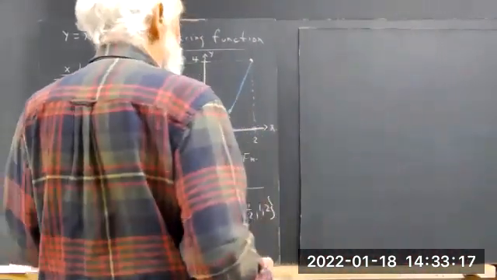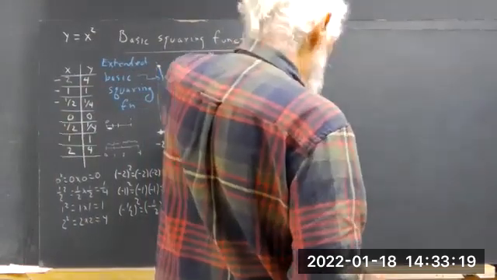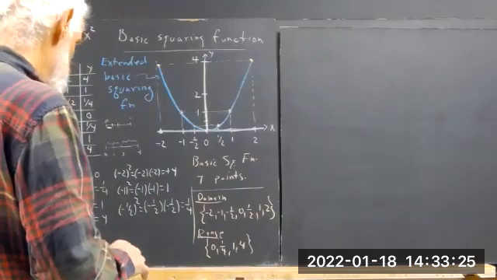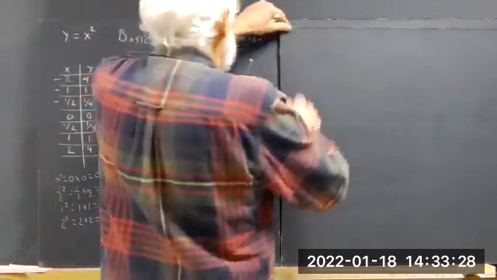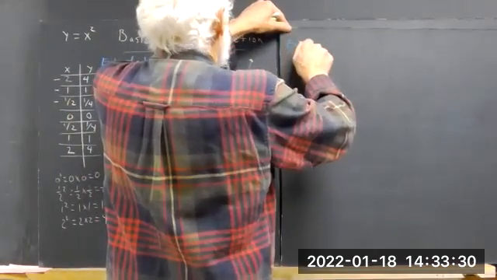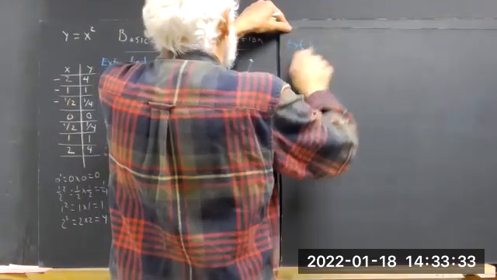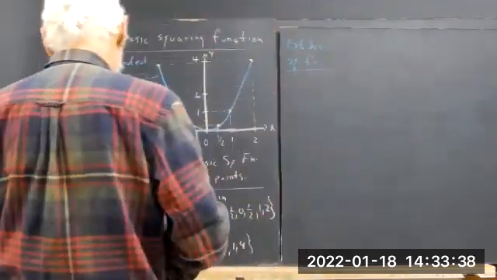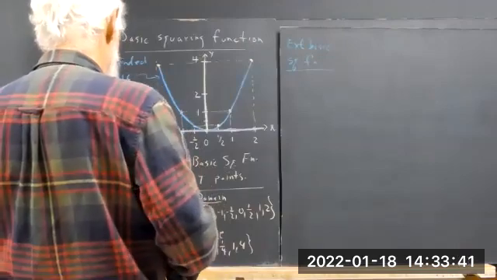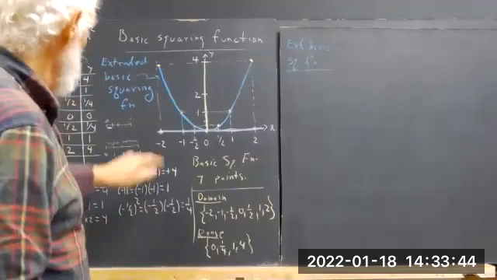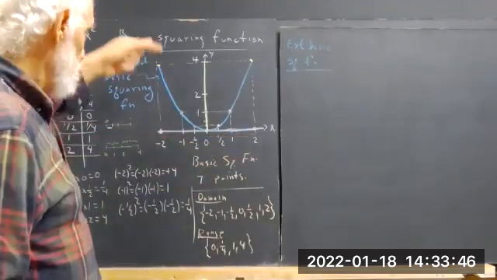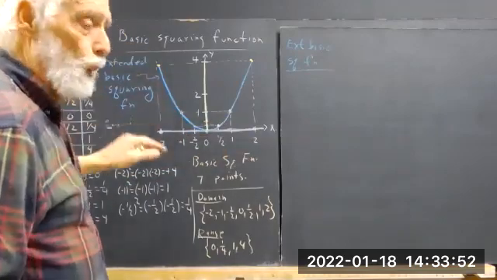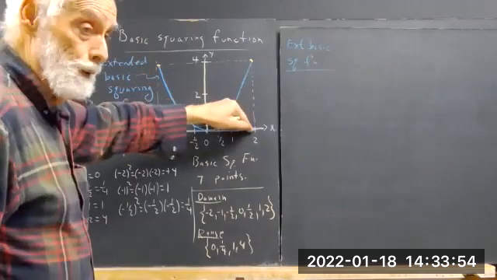Over here, for the basic squaring function, the extended basic squaring function, what's its domain? Well, from -2 to 2. Again, your test is for every number between -2 and 2, there is a y value corresponding to that x value.